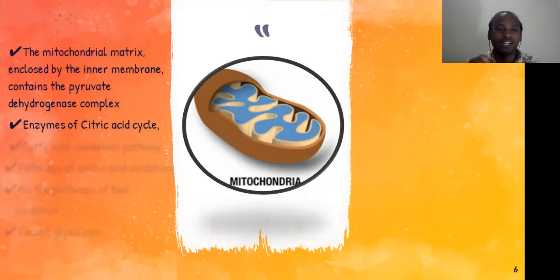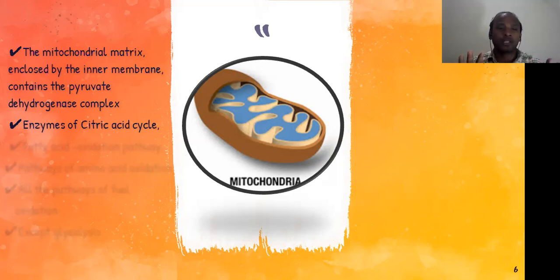The matrix is rich with many different kinds of enzymes. Here I have given one example, the pyruvate dehydrogenase complex. As I explained in the citric acid cycle, this pyruvate dehydrogenase complex is involved in the conversion of pyruvate to acetyl coenzyme A.